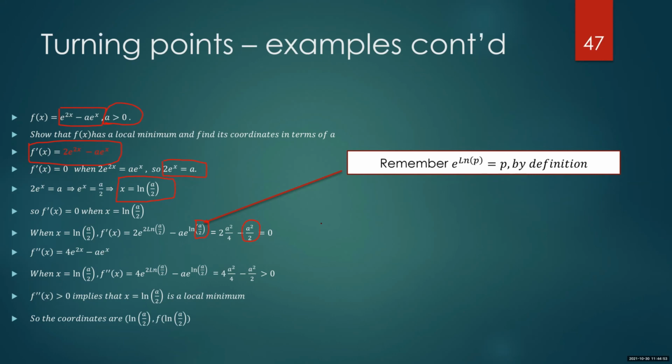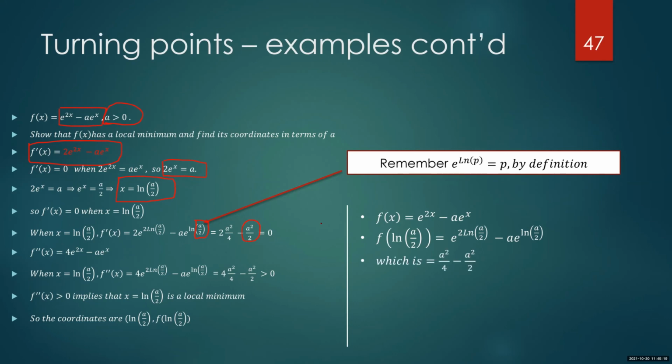So finally, the answer to the question here is the coordinates are the natural log of a over 2 and f of natural log of a over 2. So let's work that out. f of x is equal to e to the power of 2x minus ae to the power of x. f of the natural log of a over 2 is equal to e to the power of twice the natural log of a over 2 minus ae to the power of the natural log of a over 2, and that's a squared over 4 minus a squared over 2.